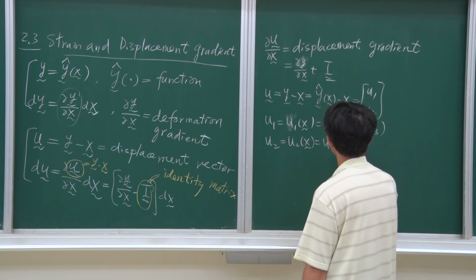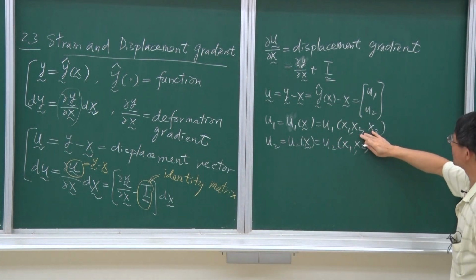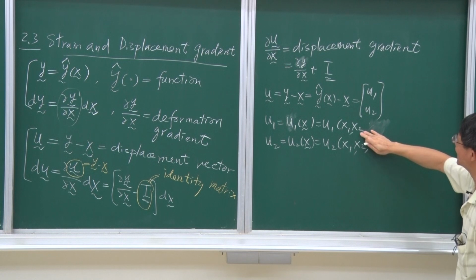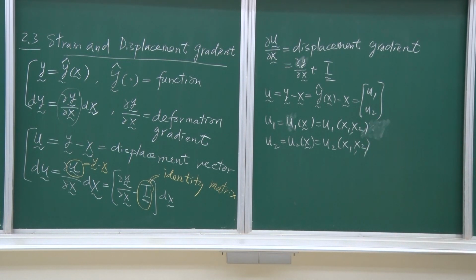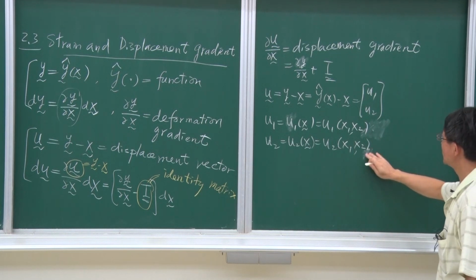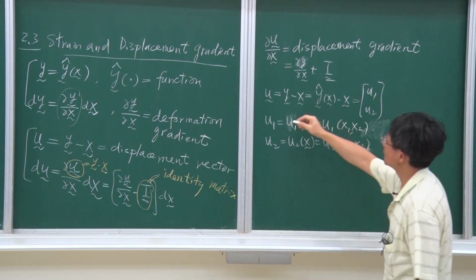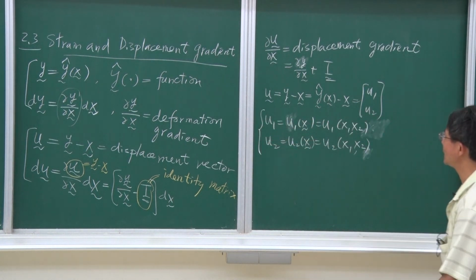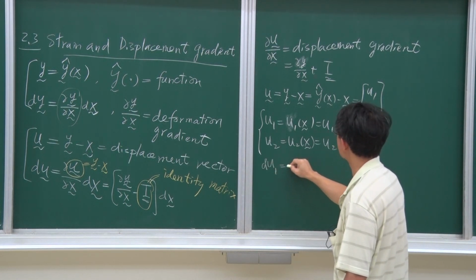I had forgotten that I'm only working with the two-dimensional space in order to simplify our calculations. So we have these two components like this, and then we take the differentiation.